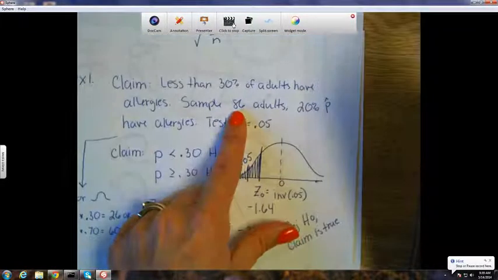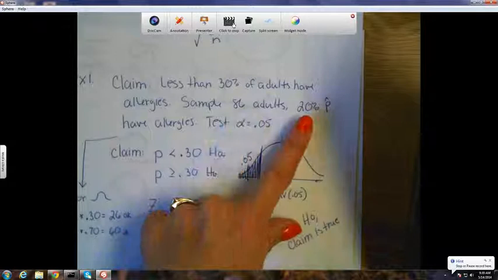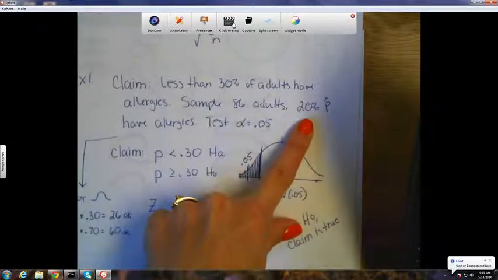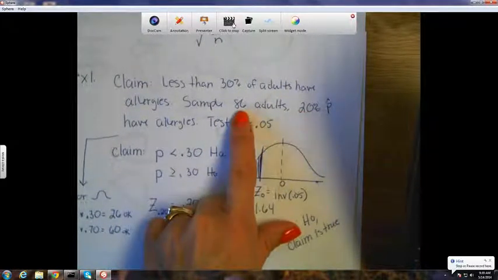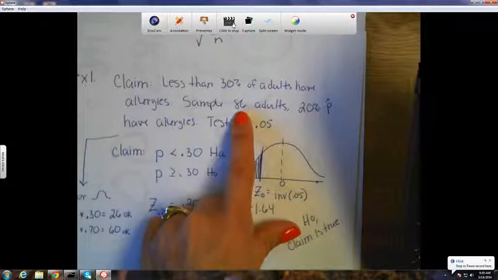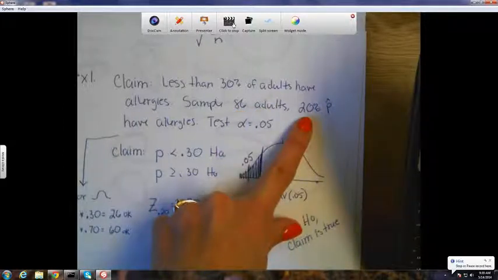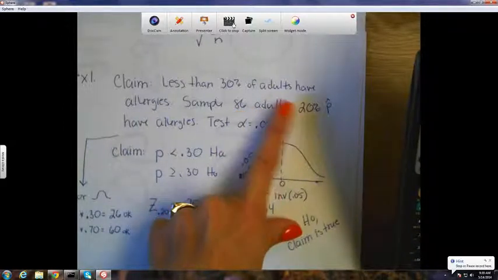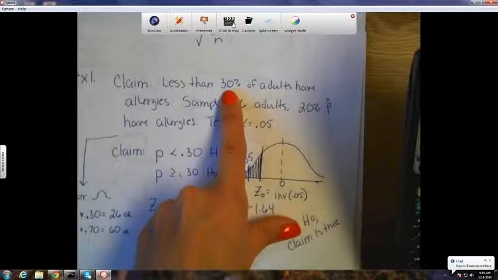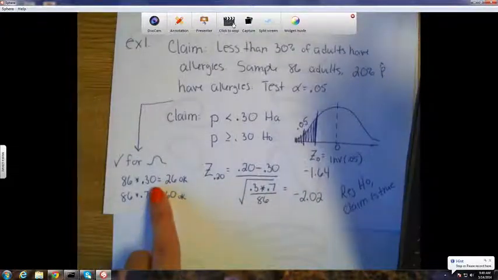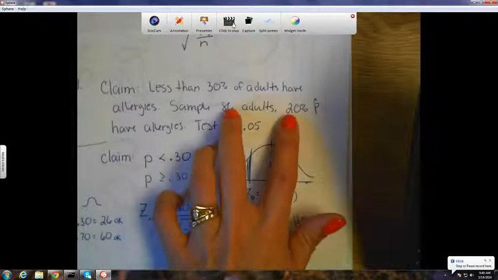86 adults, 20% had allergies. So I need to know how many of these 86 had allergies. I was right. It's going to be n times p hat. It is not the same thing. P is 0.30. See, when we did this down here, that was 26, but we want p hat.